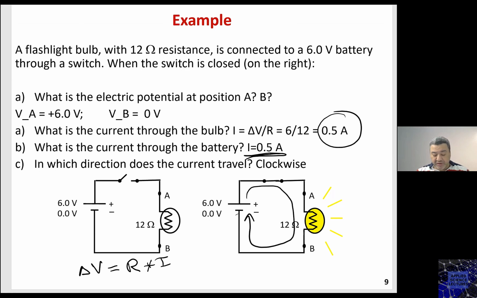In which direction does the current travel? Well, we've already drawn the current. We know that the current goes from the positive terminal of the battery and goes back to the negative terminal, which means that the current is going clockwise.